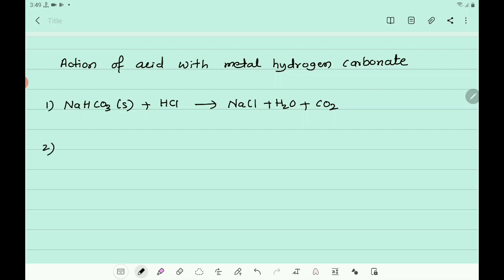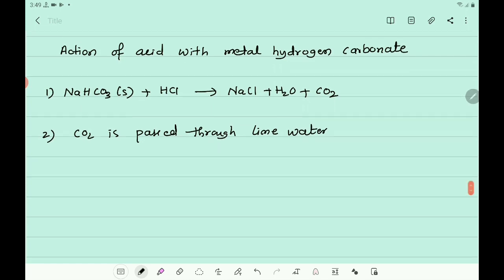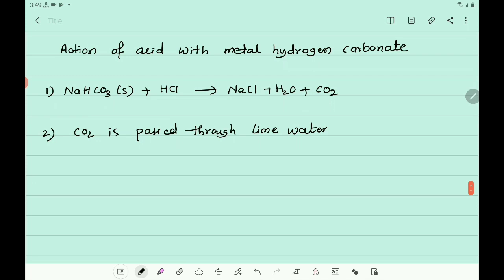Step 2, CO2 is passed through which water? Lime water. That is Ca(OH)2 plus CO2, same reaction.